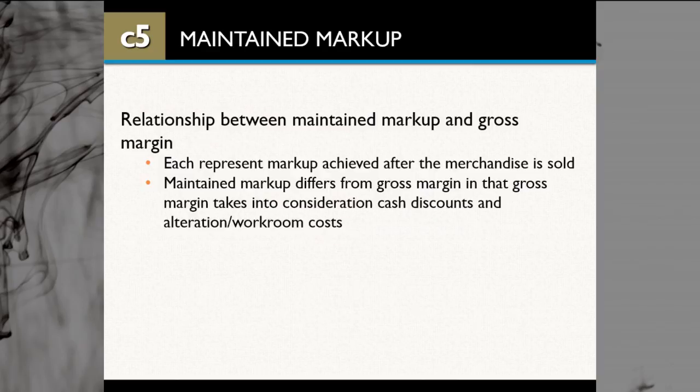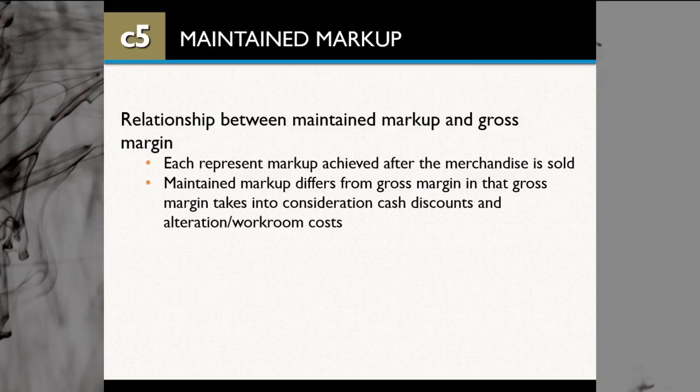Then look at this: the relationship between maintained markup and gross margin. Each represents markup achieved after the merchandise is sold, so that's the actual one. But your maintained markup differs from your gross margin in that gross margin takes into consideration cash discounts and alteration or workroom cost, because your maintained markup is calculated before you consider these.